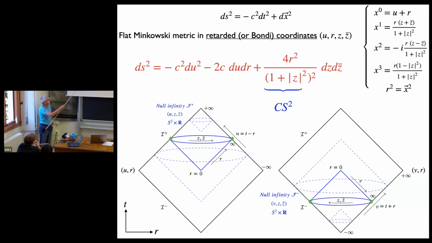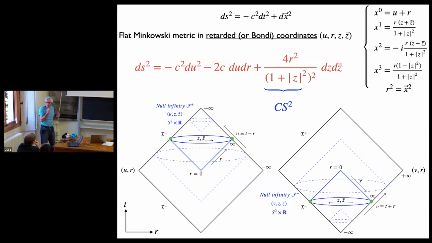The u coordinate, where x0 is t, is along here. So it parameterizes this sky plus and sky minus. But you have also the advanced time, and then you have essentially another coordinate slice.